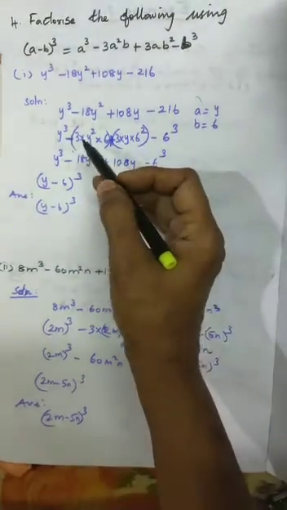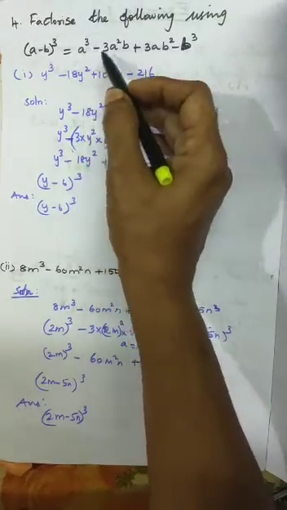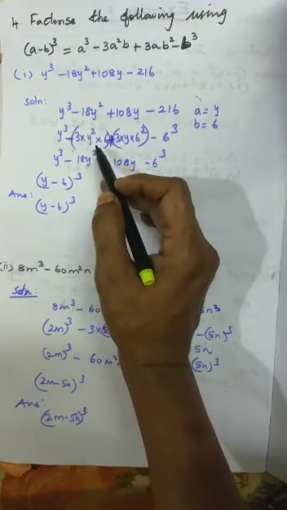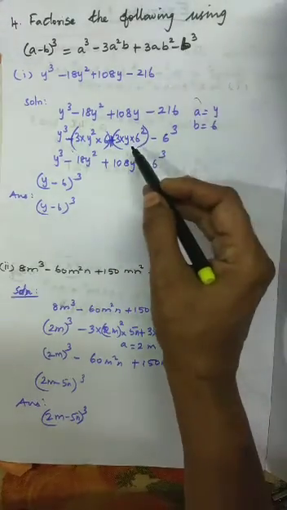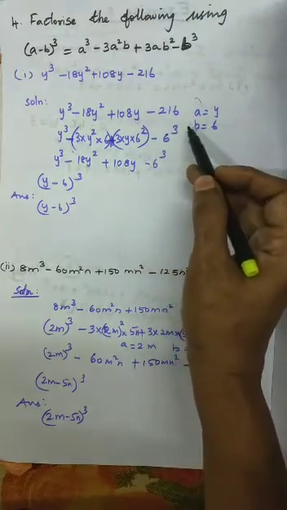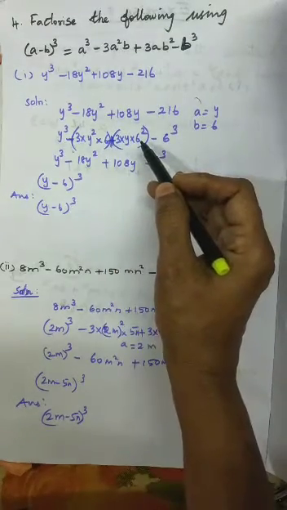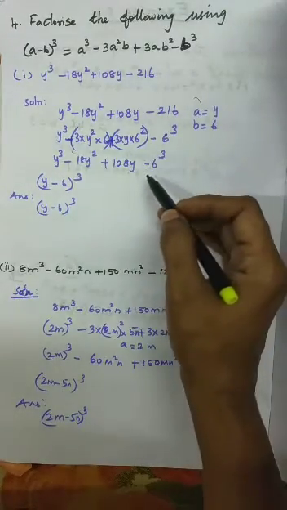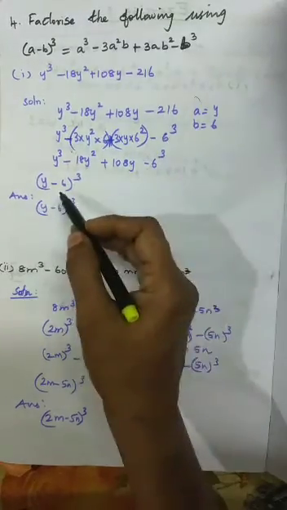Now, we shall take the 3a square b, minus 3 into y square into 6 plus 3 into y into 6 square, that is 3ab square minus 6 cube. So it will come as 6 3s are 18, 18y square. Here 6 6s are 36, 36 3s are 108, say y minus 6 cube. So the answer is y minus 6 the whole cube.